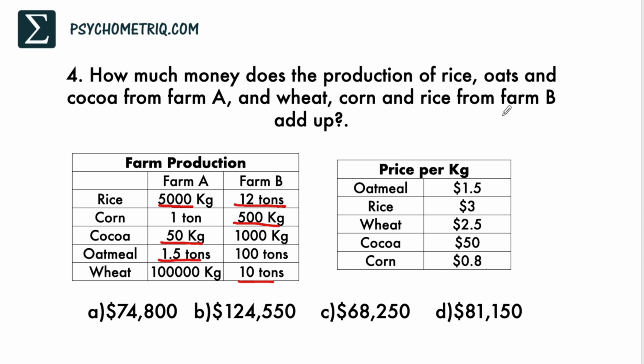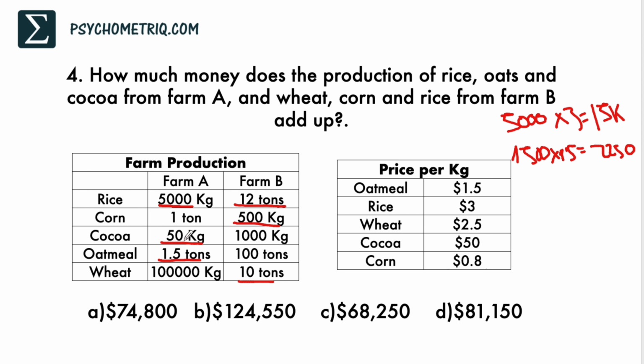So it would be 5,000 kilos of rice times 3, which would equal 15,000. 1,500 kilos of oatmeal per its price, 1.5, equals 2,250.